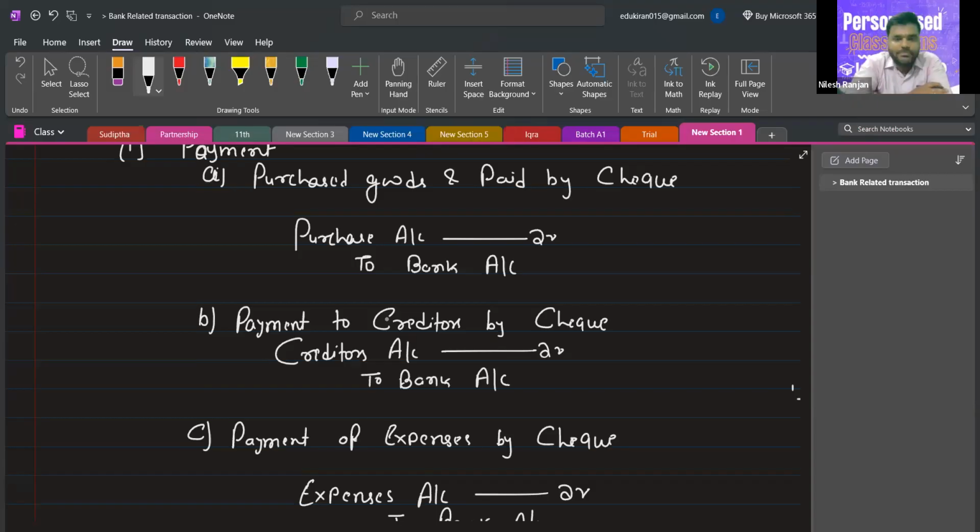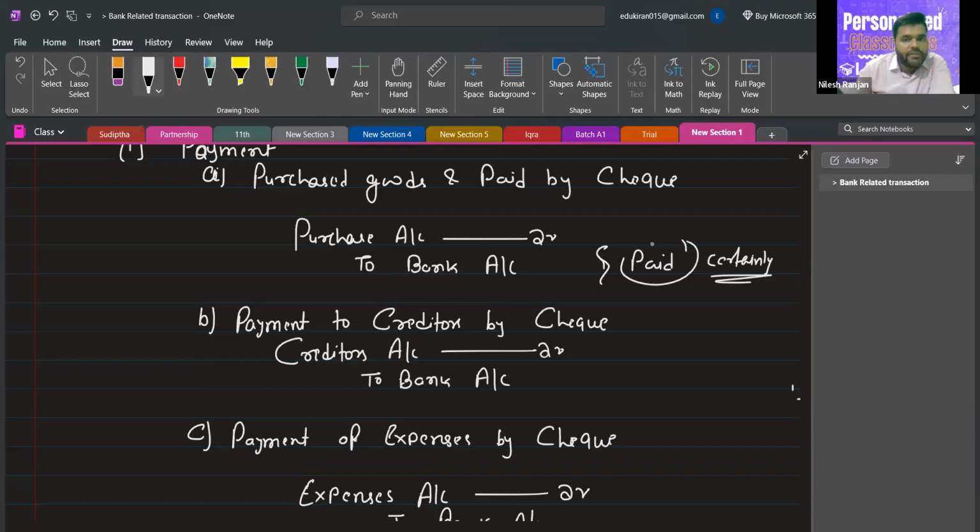So if we are giving a check to someone, we are sure that this money will be paid. There is no doubt in this. That's why we write the bank account. We don't write check because we know that it will be paid.